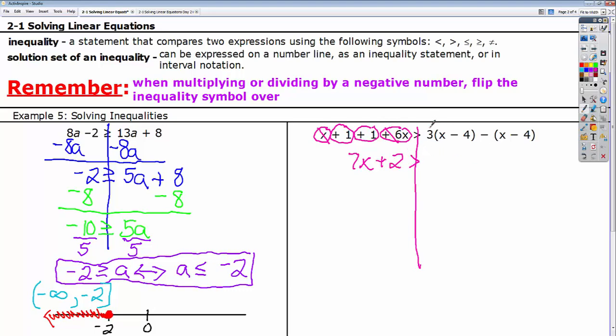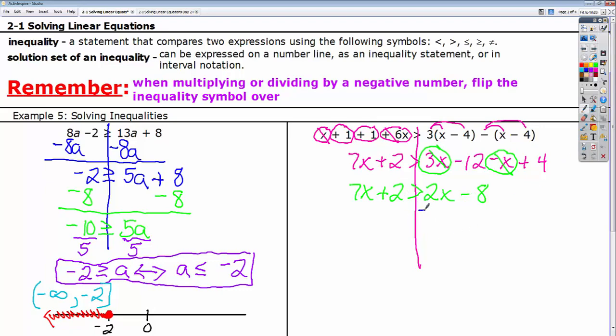Greater than, over here we want to distribute the 3x minus 12, and distribute the negative x plus 4. Okay, then we need to do some combining over here. 3x minus x, that's 2x, and negative 12 plus 4, that's negative 8. So now the greater than, the 7x, and the plus 2 over here.